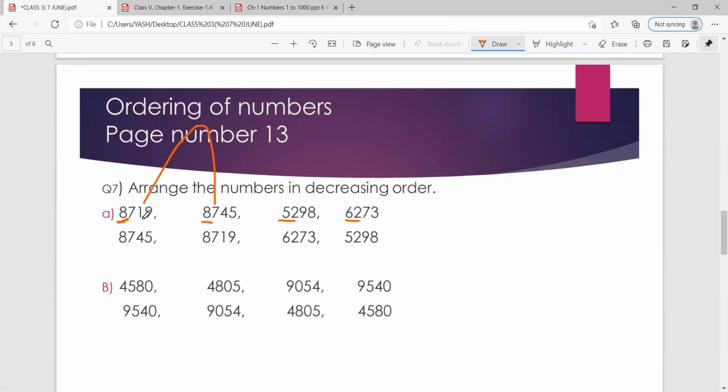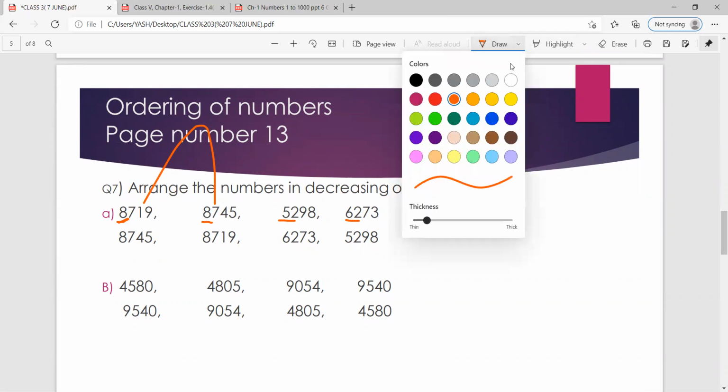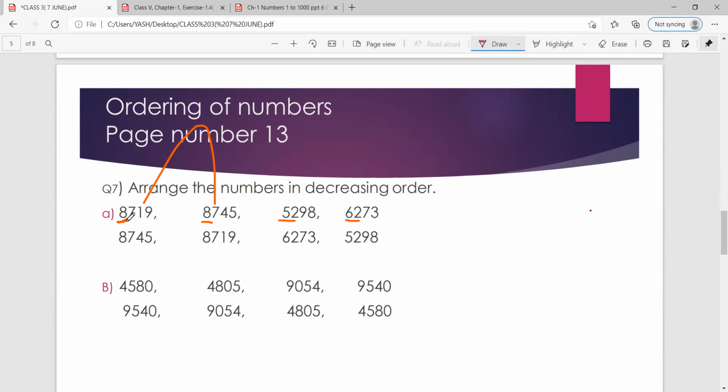Now we cannot compare the first place because in these two numbers we have first place digit same. So let's go to the next place digit. So next place digit here is 7 and here also 7. So now we again cannot compare second place digits. So third place digit is 4 here and 1 here.